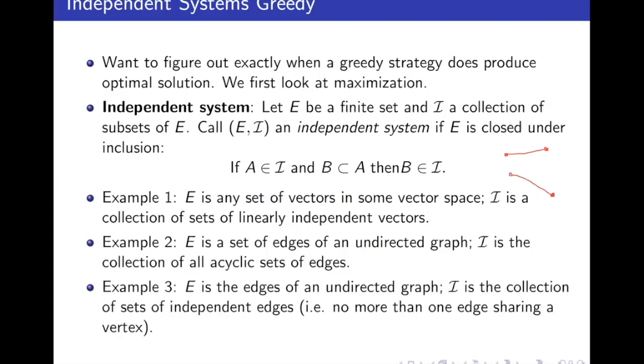But if you have this edge and another edge sharing the same vertex here, then these two edges are not independent. If you look at a set of independent edges, then any edges in this set must also be independent. Hence, it is an independent system.